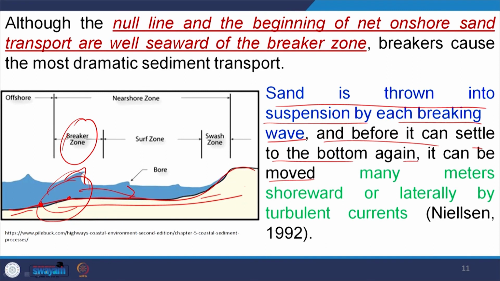That is why, though we have a null point here, there will be a distribution of sand around it. This is due to the high energy waves in the breaker zone. Once the sand comes into saltation mode, it moves here and there. This defines how the sand will be distributed in those zones.